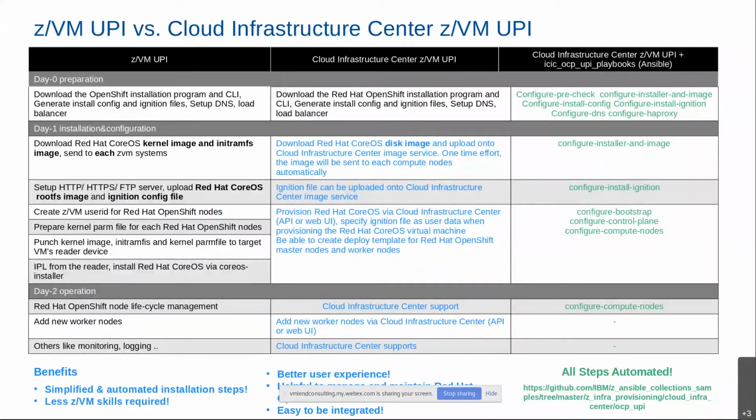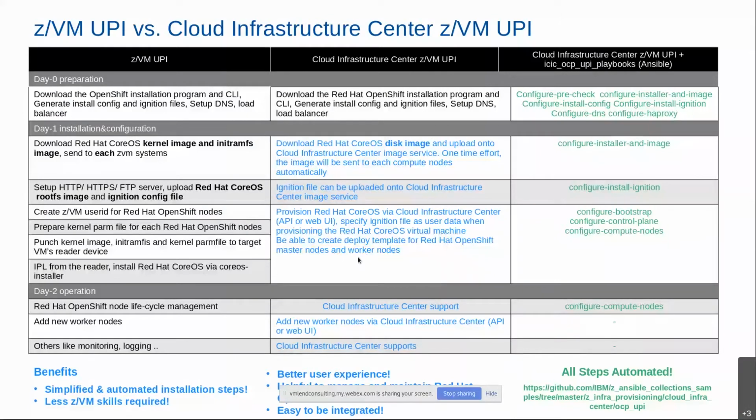This chart shows more details of how Cloud Infrastructure Center helps in OpenShift Container Platform z/VM UPI, by comparing the difference between normal z/VM UPI and z/VM UPI with Cloud Infrastructure Center. Just to bring up some highlights here.